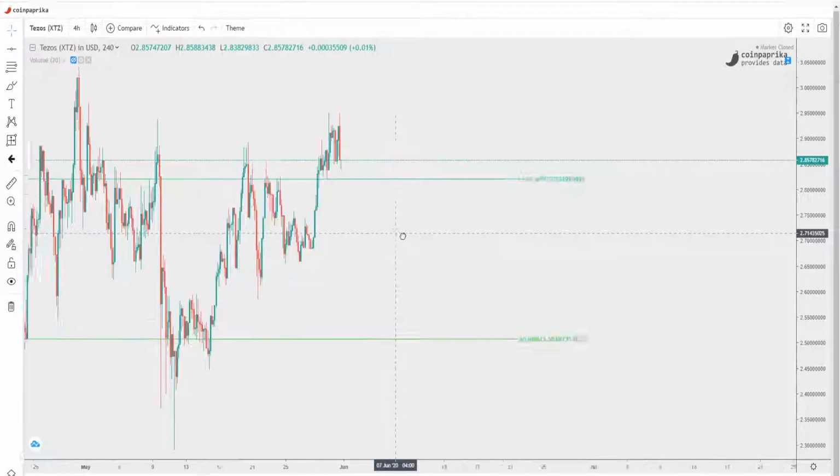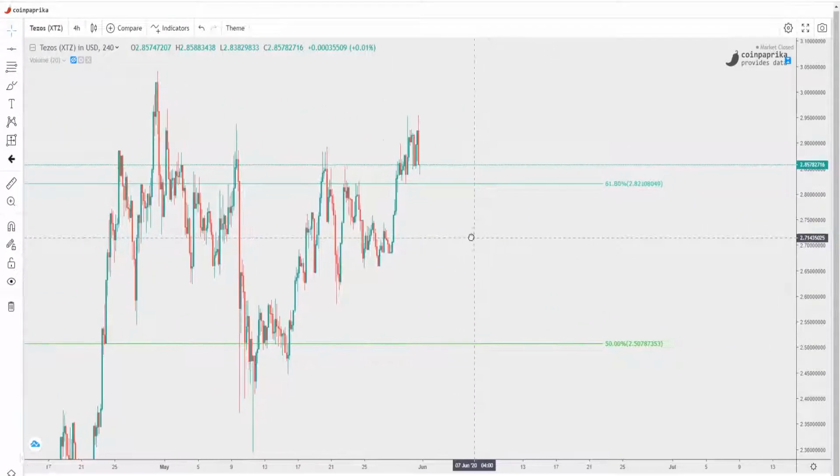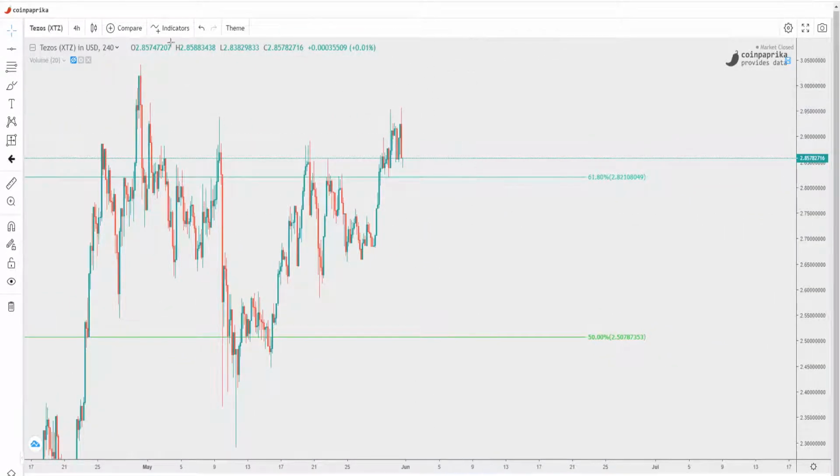Okay, so this aggressive sell here didn't breach the previous low, okay, which is great news.